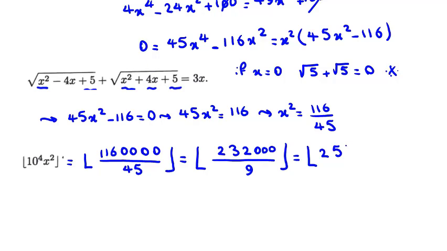Because we have 70, then you can say 7 times 9, 63. Again, you have 7, 70. 7, and again, 7 times 7, and so on. So the answer of this problem is equal to 25777.